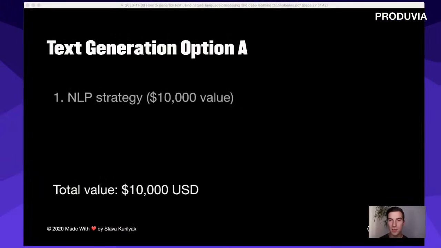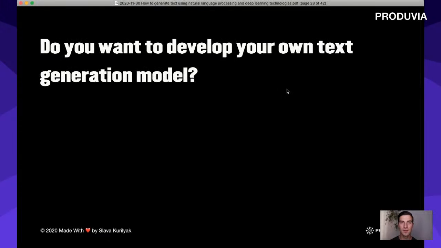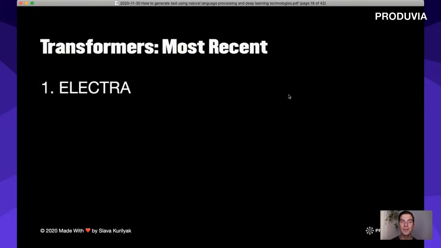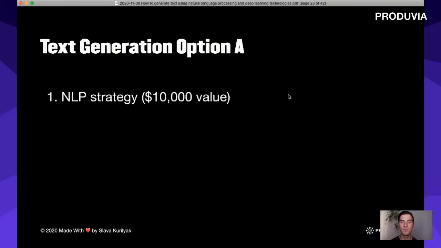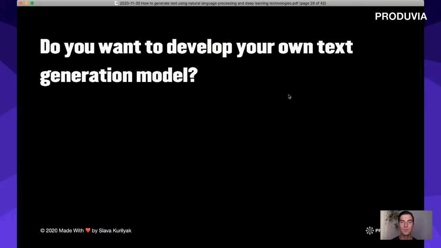The next question is, do you want to develop your own text generation model? If you answer yes, then I'm glad you are interested, and I'm glad you are paying attention, because I offer you option number 2.